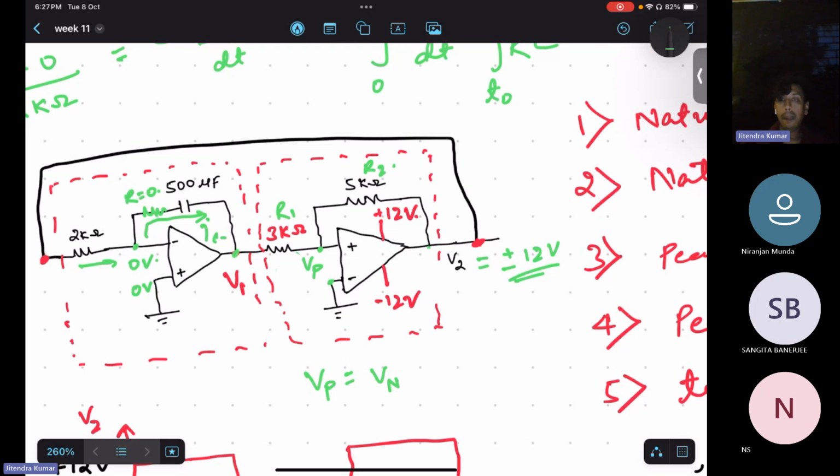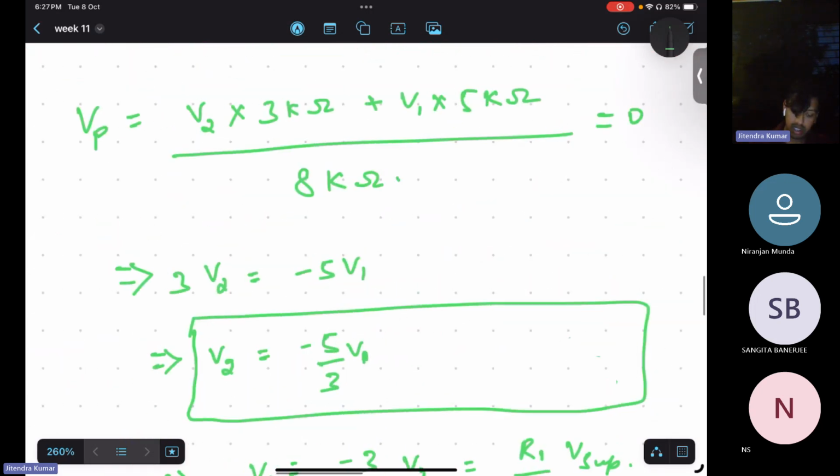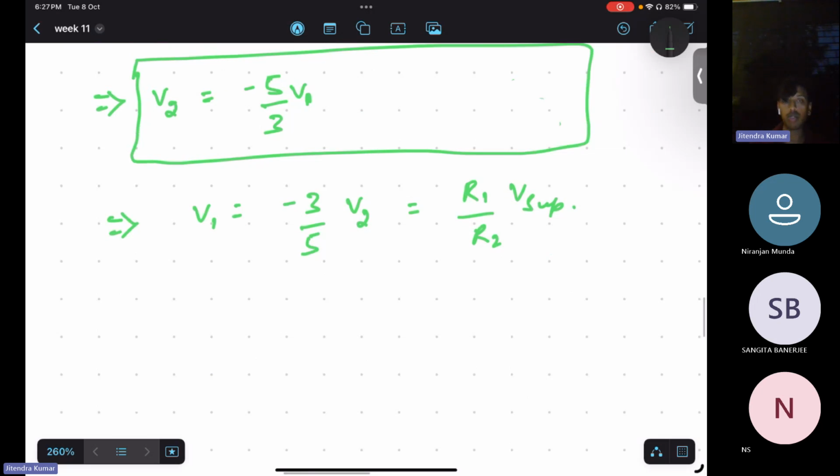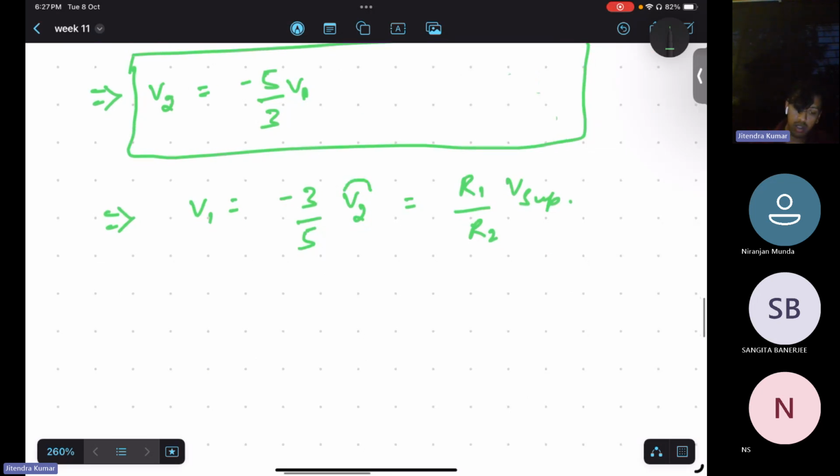Okay, so now we are good to go, right? We have calculated the relationship between V1 and V2, and we know one of them. If we know this V2, because V2 is either plus 12 or minus 12, V1 will be equal to, let us consider minus 12. In that case, they will be plus, so 36 by 5.